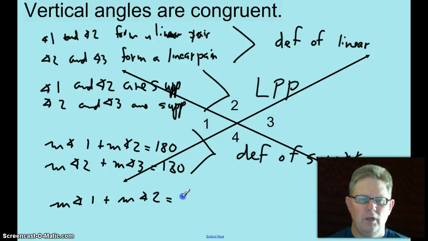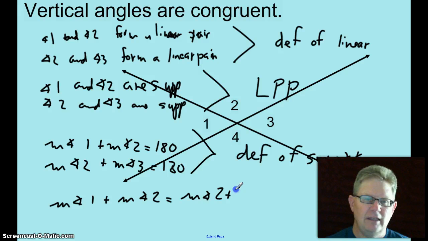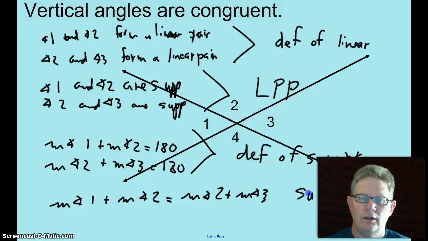Some instructors and some books will also say that's a transitive property as well. And yeah, if you want to switch the order of the way things are, you could say it's a transitive property with equality. I'd much rather say substitution is why we can do that. Since those two expressions are both equal to 180, they got to be equal to each other.